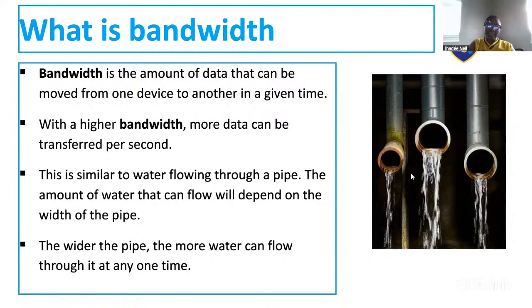If I'm trying to catch water in a container, which of these pipes, running at this pace, just as is on the screen, do you think would fill the container faster?